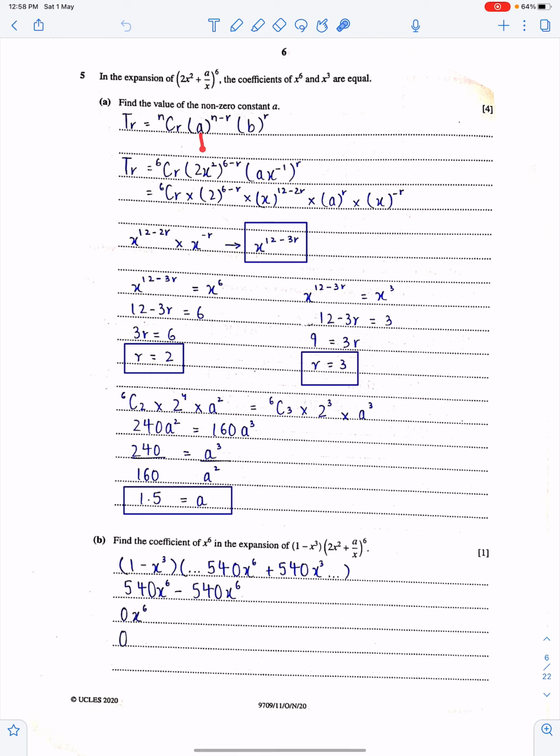By substituting the values of a, b, c, r into this formula, we have this thing. The simplified form of x is x power 12 minus 3r. Therefore, by equating this x with x power 6 first and then x power 3 next, we have the values of r.